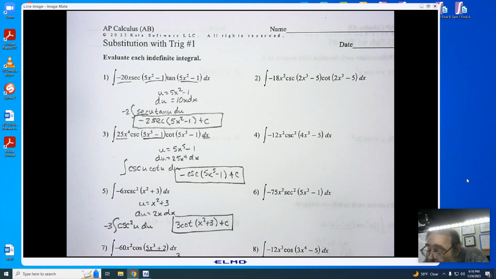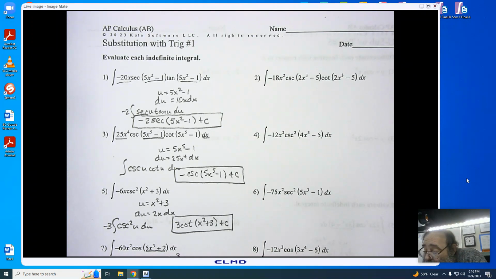So negative 4 integration for the cosine of u du. Now we know that the derivative of sine gave me that cosine, so I'm looking at negative 4 sine, and I back substitute 5x cubed plus 2, the quantity, plus c. And there's our number 7.